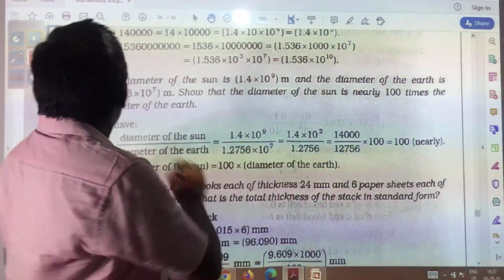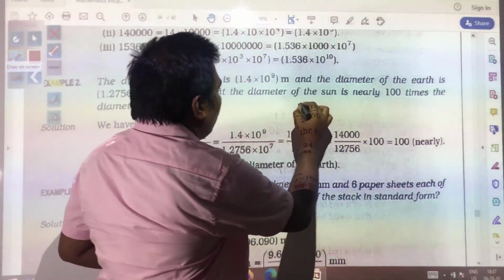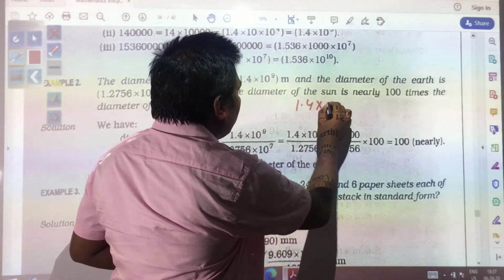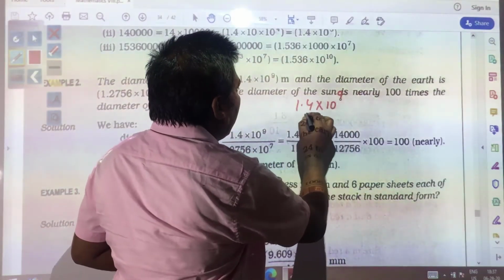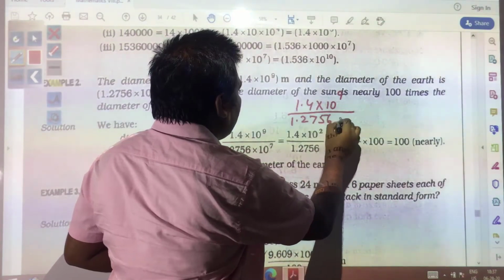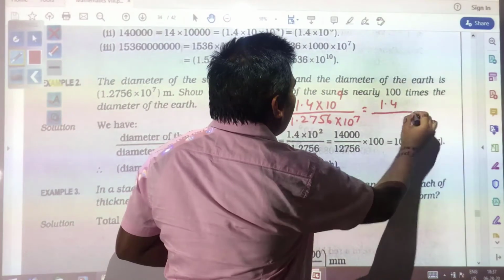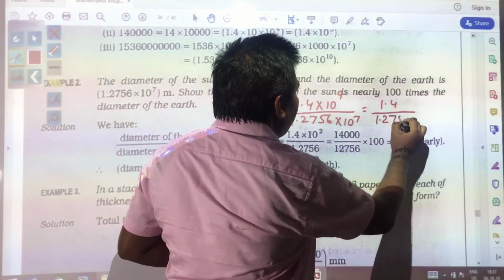What does it mean? It means 1.4 into 10 to the power 9 and 1.2756 into 10 to the power 7, that will be equal to 1.4 divided by 1.2756.